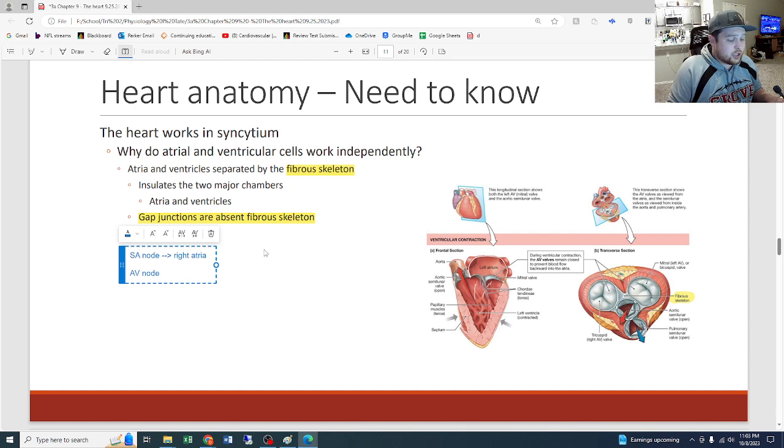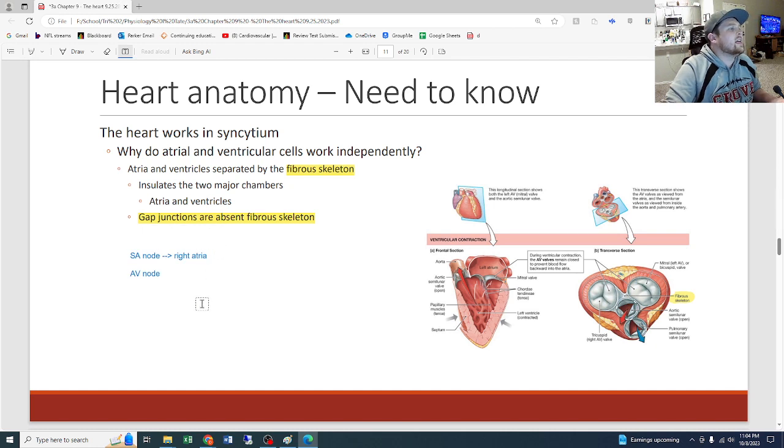And that starts where the electrical signal first generates, and then it's going to go through the different tissue of both of the atria, and eventually come to a point where there's a spot in the fibrous skeleton which will allow the signal to go through, called the AV node. And from the AV node, it'll pass into the ventricles.